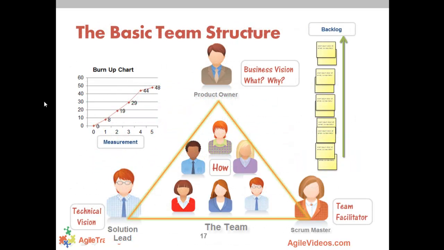So what does a team look like? You're very familiar probably, if you've watched the videos or obviously if you have an Agile background, that a single team is a cross-functional team. They have to have a product owner, and the product owner comes up with the vision of what the team needs to work on and why. They sort of own this ranked backlog that's supposed to be ranked top-down.